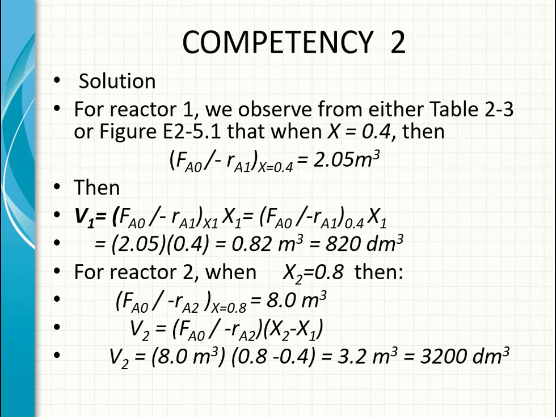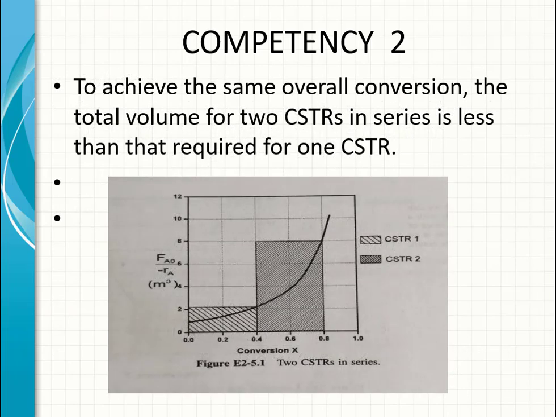So the volume 2 will be 8 times 0.8 minus 0.4, which will give us 3,200 liters or 3.2 cubic meters. So, to achieve the same overall conversion, the total volume of two CSTRs in series is less than that required for one CSTR. And we can see it here in this plot.